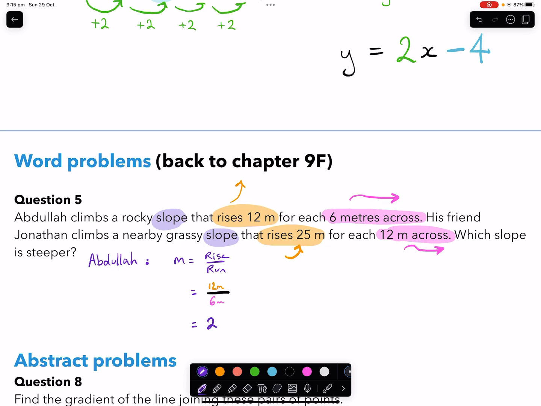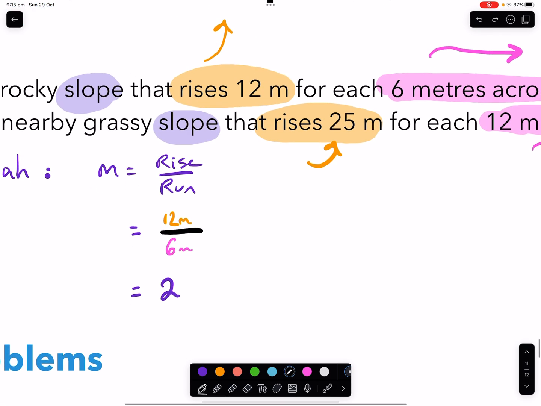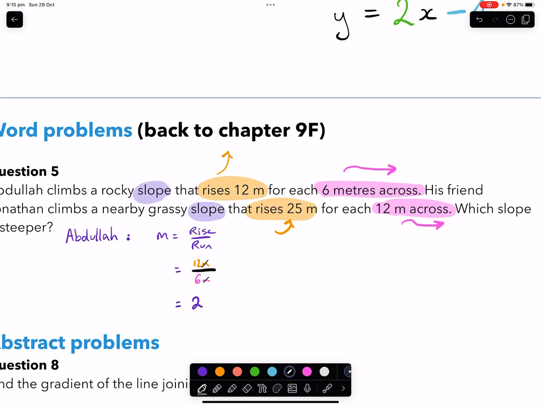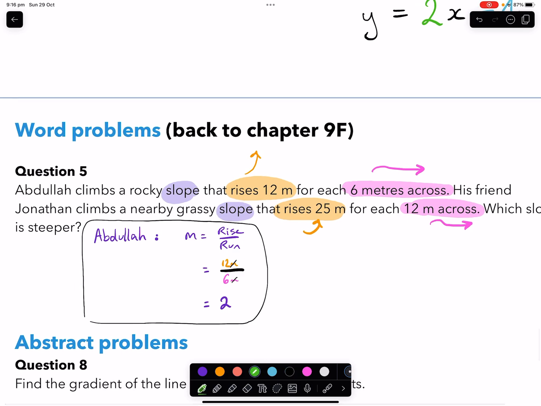So there's the gradient. It's not meters. We don't have a unit. Gradients don't have units. It's just a number. It's kind of like ratios where they don't have units anymore because they cancel out. So you see this little m here, it cancels out that little m down there. So we now have an answer for Abdullah. Now we look at the other character, Jonathan. So I might use green for Jonathan.